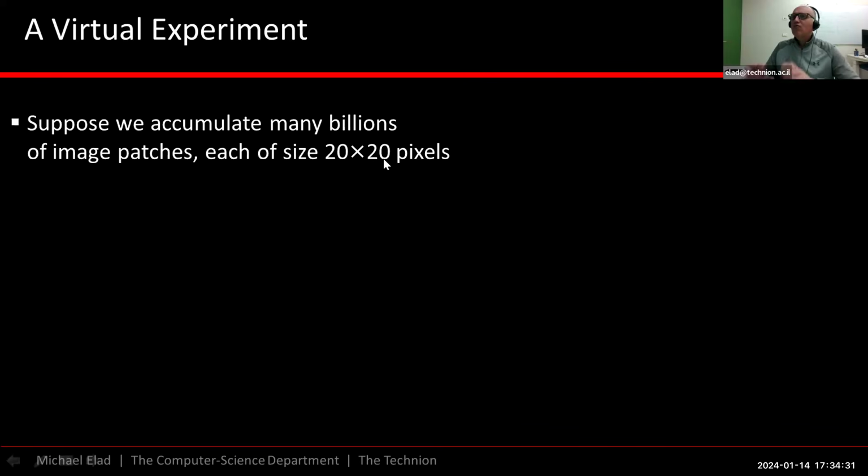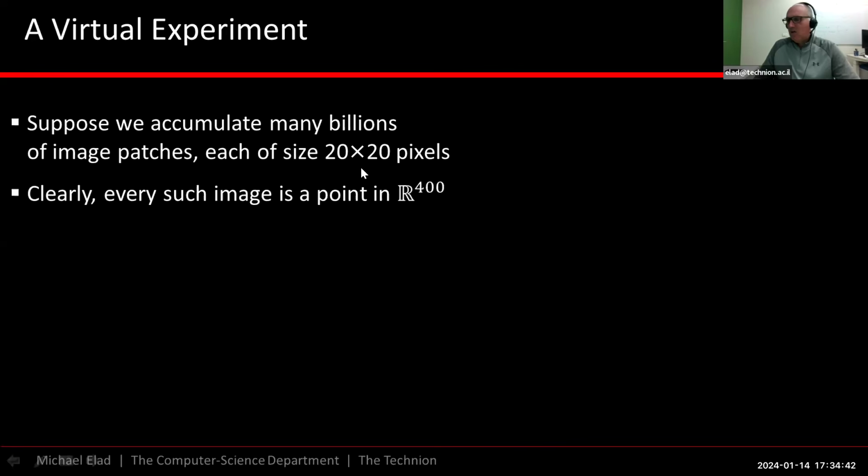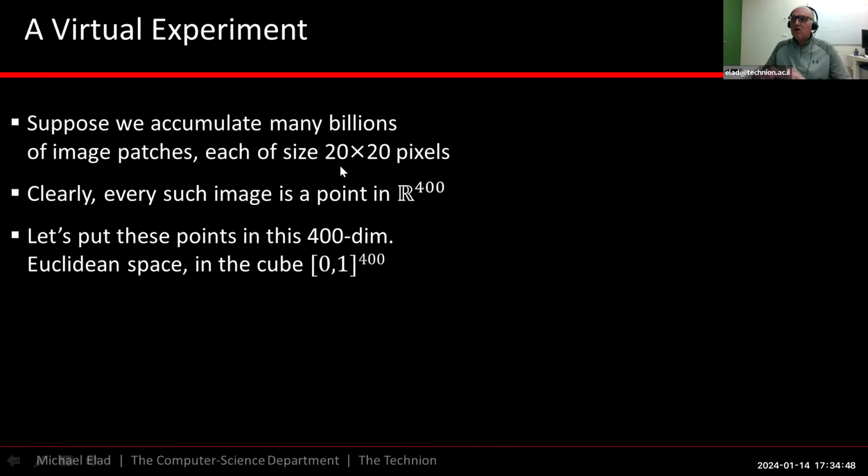Fully overlapped patches, all the patches in these images, and I'm talking about billions of patches, okay? Every one of them is a vector in R400. In fact, every vector of this sort is also sitting in the cube 0 to 1 to the power 400. Why? Because these are pieces of images, and the gray values are between 0 and 1.